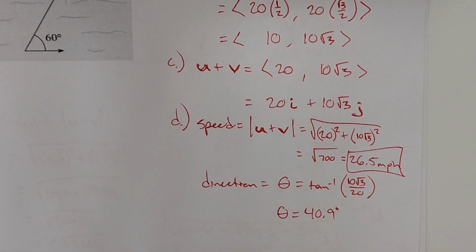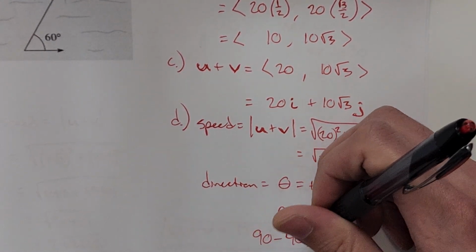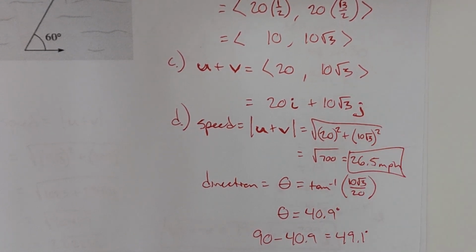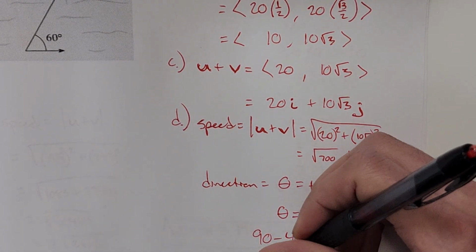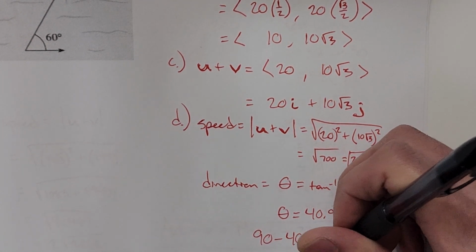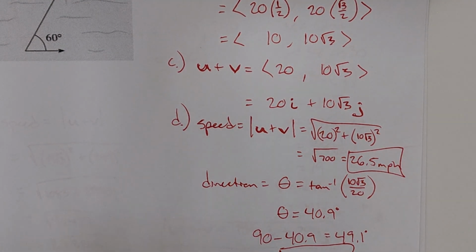And so we need to subtract that from 90. So 90 minus 40.9, this is the complement, which is equal to 49.1 degrees. So using bearing notation, we have 49 degrees east of north. And so this is the true direction of the boat.